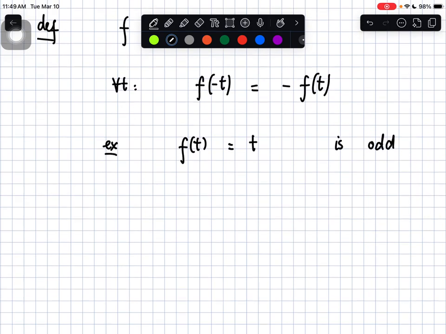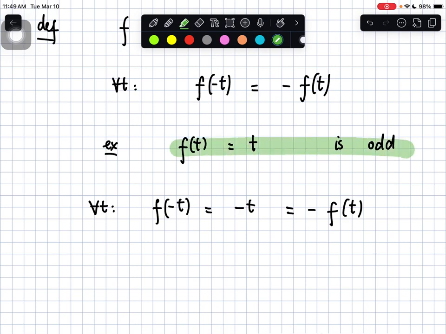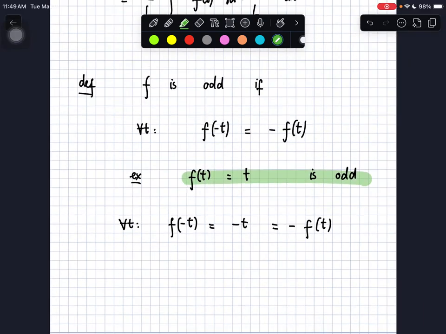This function is odd. You can prove it by definition. f of minus t is minus t, which is minus of f(t) for all values of t. So this function is odd. So we have the first definition for odd function.